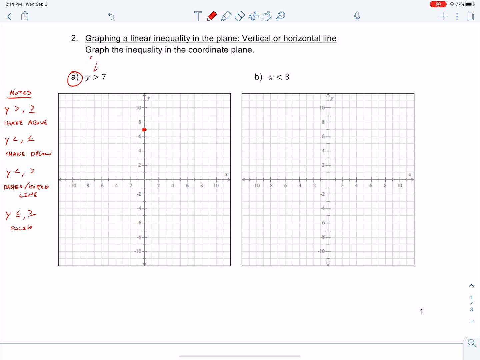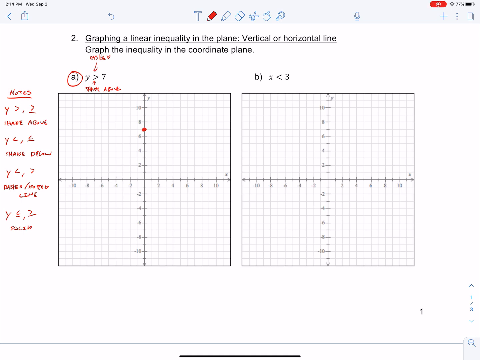This is going to be dashed. You can use dots if you want, but I'm going to do dashed. And it's also greater than, so I need to shade above. So before I even draw a line, I've already figured out where I'm shading and whether my line is dashed or not. So that will hopefully help you.